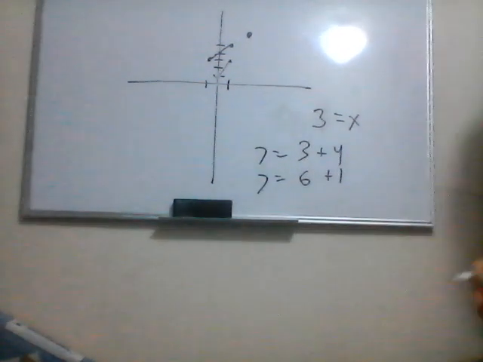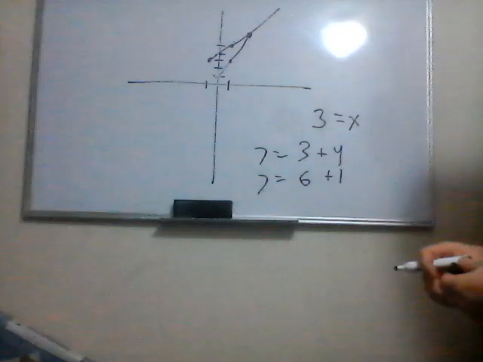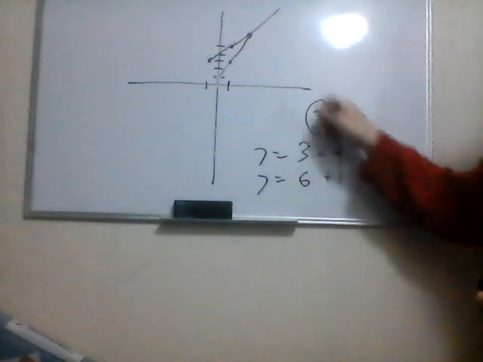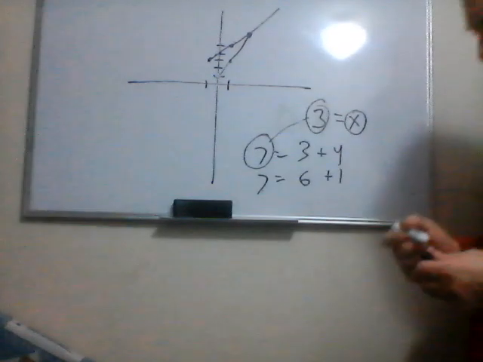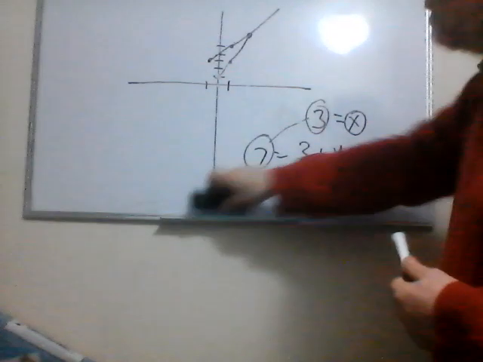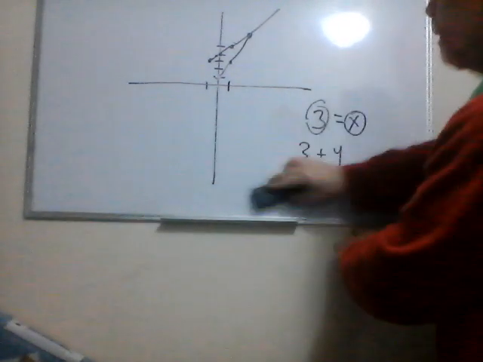So it does work. That's the place where one specific x renders one specific y. 3 renders 7. And if you had solved it the other way, which would have taken longer, you should get the same result. So the intercept point is (3, 7).